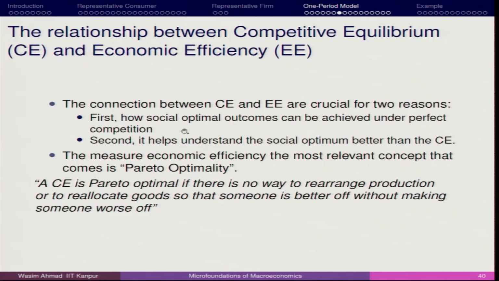Here we are trying to see the connection between competitive equilibrium and economic efficiency, how socially optimal outcomes can be achieved under perfect competition, and whether we can say that the social optimum is better than the competitive equilibrium.